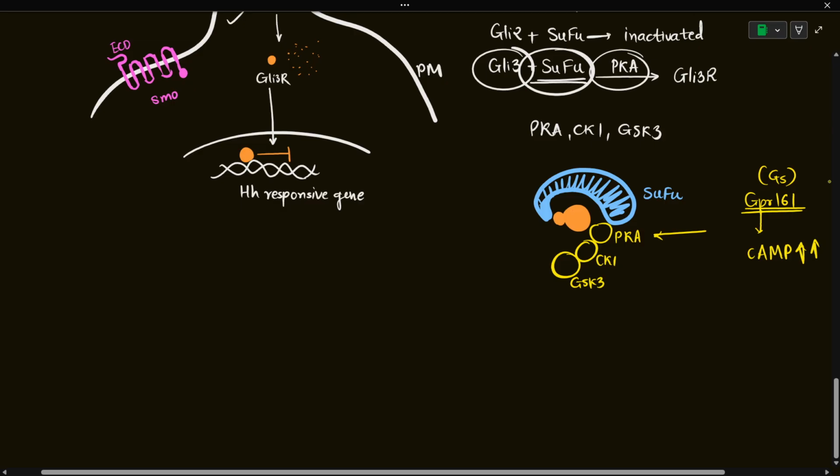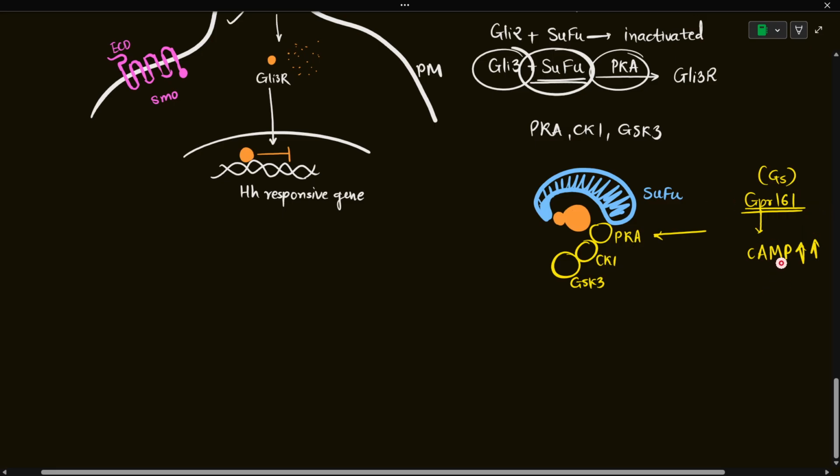I'm assuming that you have been following my cell signaling series from the start, so you won't be confused in this particular part. When the cAMP increases inside the cell, protein kinase A gets activated, right? So this could be a potential question: how does PKA get activated in hedgehog signaling? PKA gets activated due to the activation of the G protein GPR161.